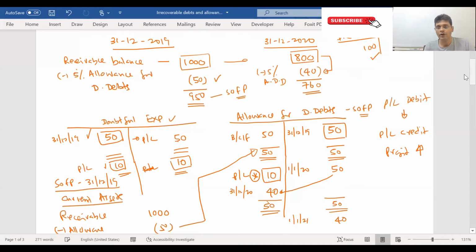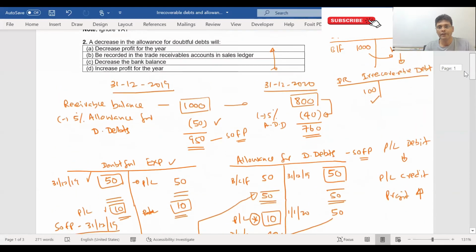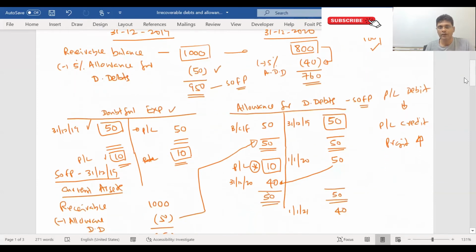So therefore in this particular question, a decrease in the allowance for doubtful debts. Okay, now what has happened? The allowance for doubtful debts account has reduced from 50 to 40. So therefore, what is the impact on the profit and loss account? What is the impact on the profit?